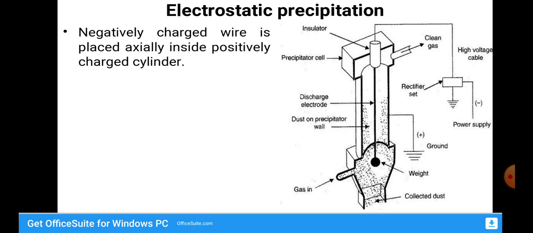As you can see in this figure, there is a central wire which is negatively charged. It is connected to a battery, and around this wire there is a cylinder which is grounded. So this cylinder is positively charged.